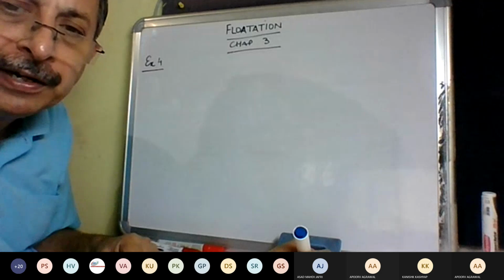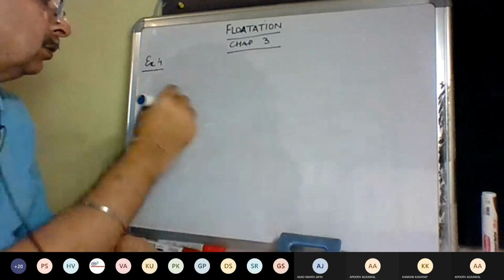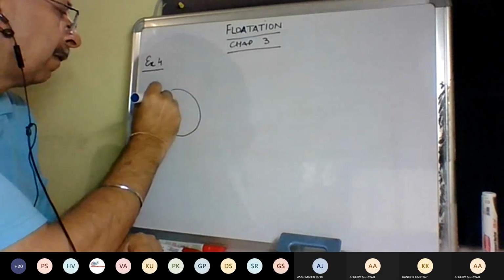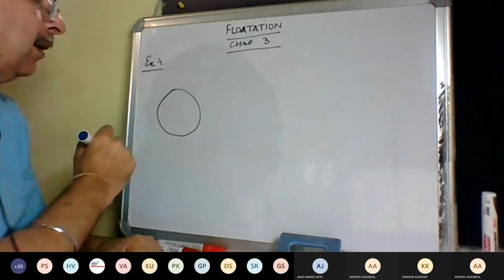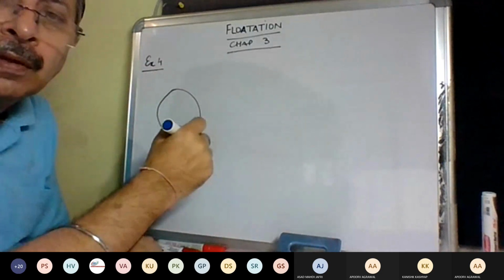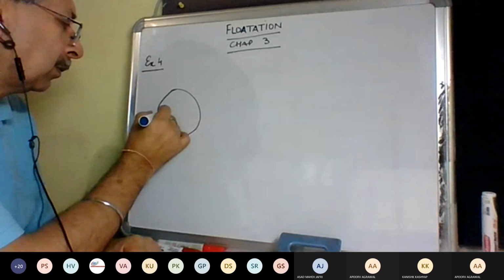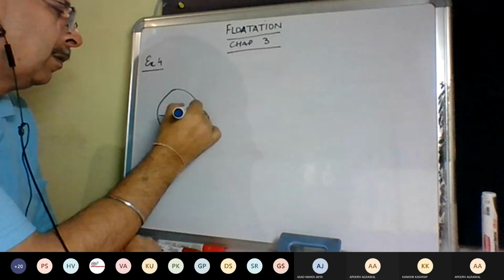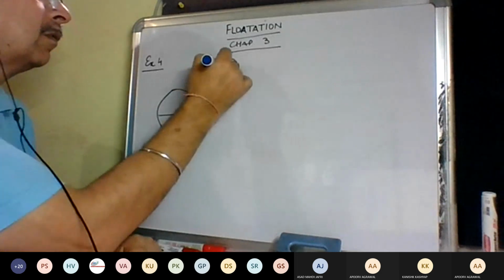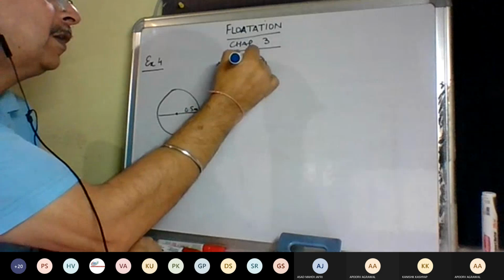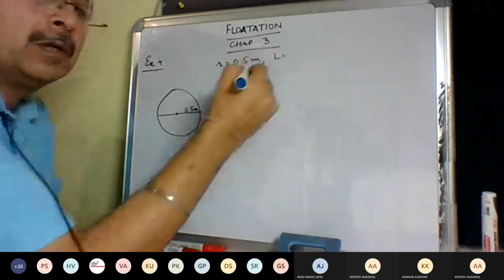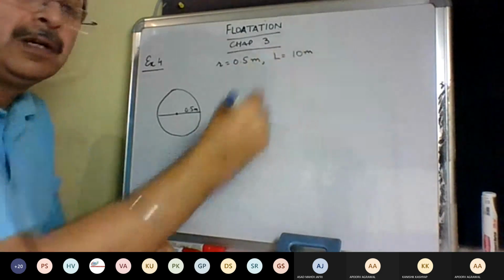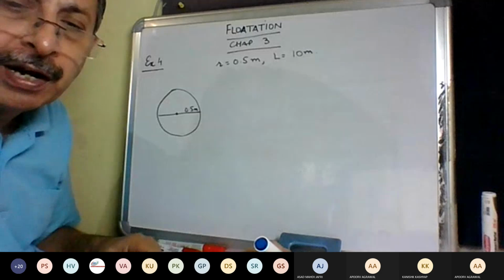So it's a hollow plastic cylinder, whose diameter is 1 meter. So radius will become 0.5 meters. Radius is 0.5 meters. Length of this is 10 meters. And she floats in fresh water at a draft of 0.2 meters.